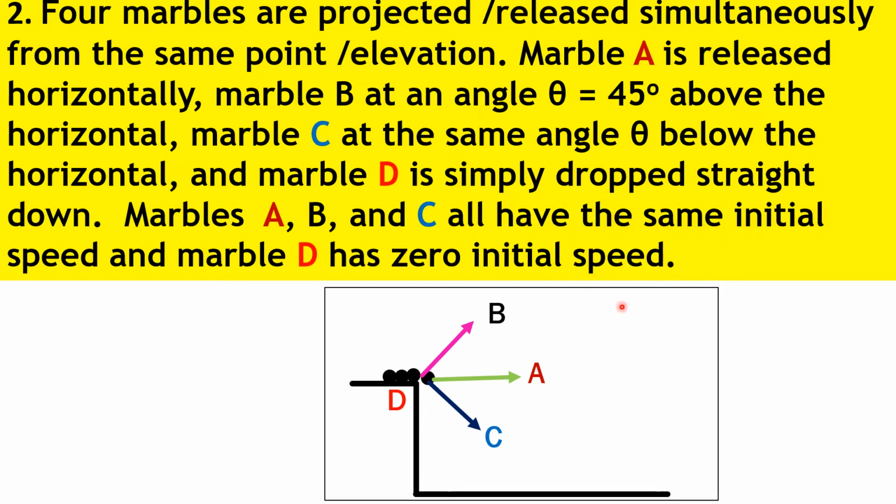For example, if the initial speed of A is, say, 10 meters per second, that is also the speed for marble B, 10 meters per second. Similarly for marble C, that's also 10 meters per second. The only difference is that their initial directions are different.